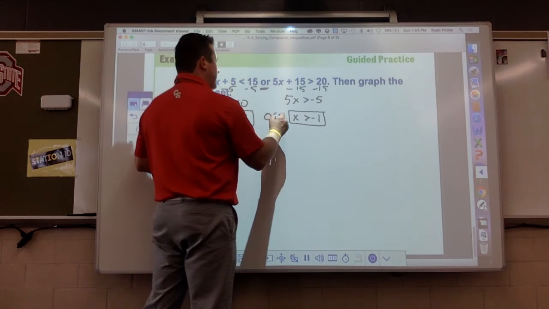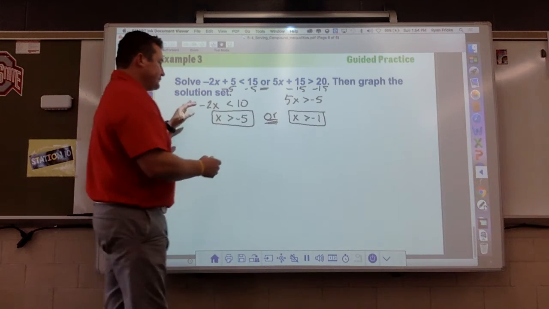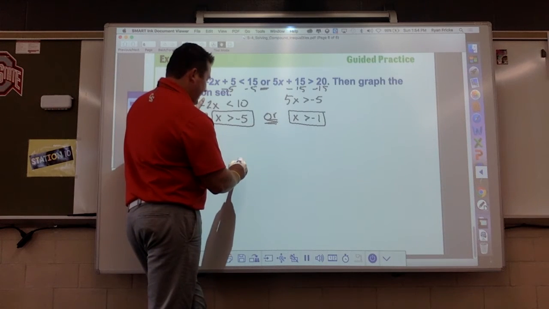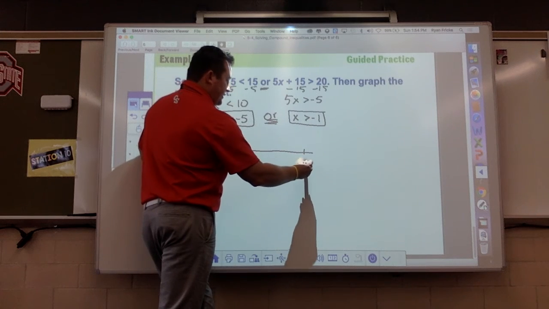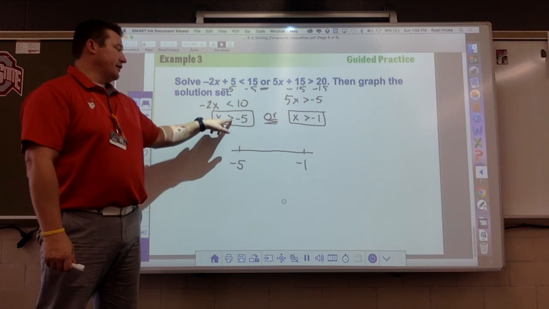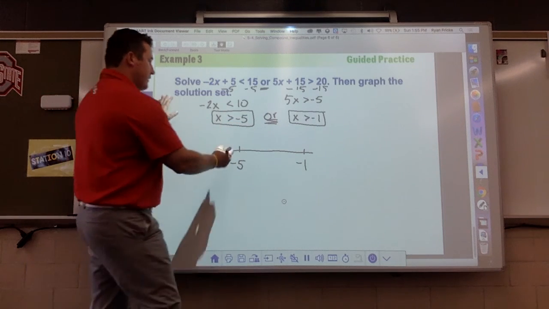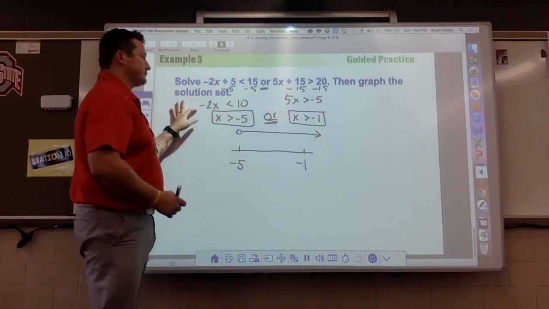Remember, we are graphing an OR. So we're graphing both parts just like they are. Okay? So here's -5 on my number line right here. Here is -1. So I want x is greater than -5. So open dot, bam, going that way.